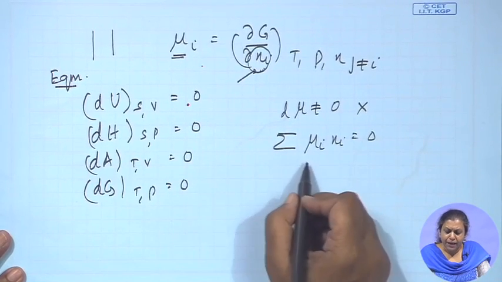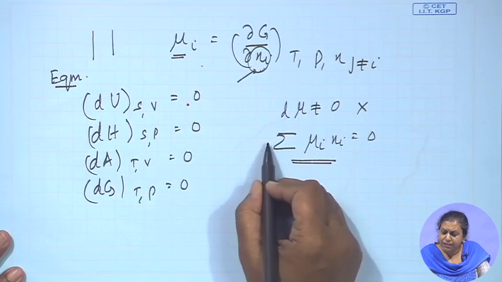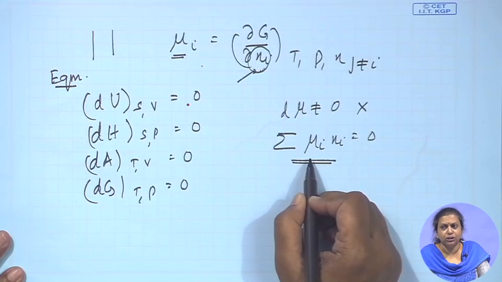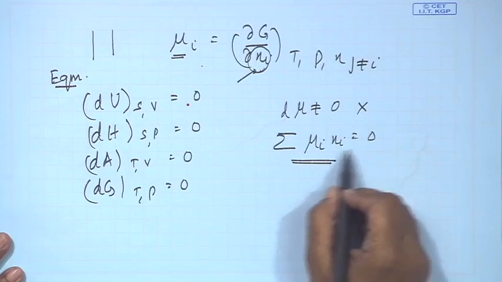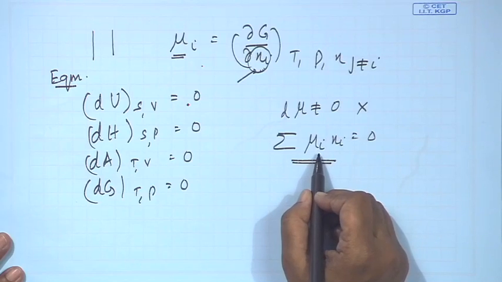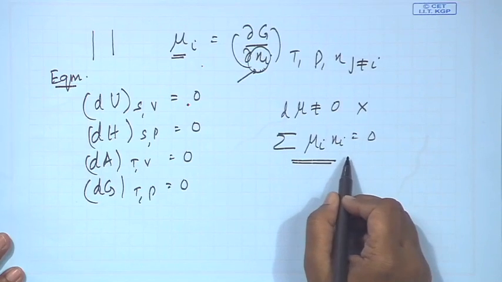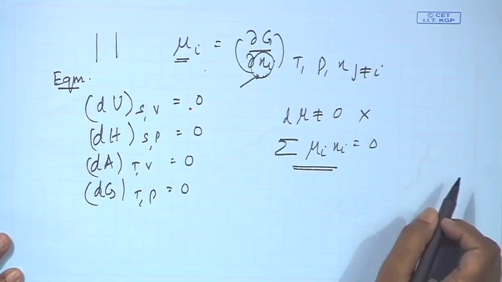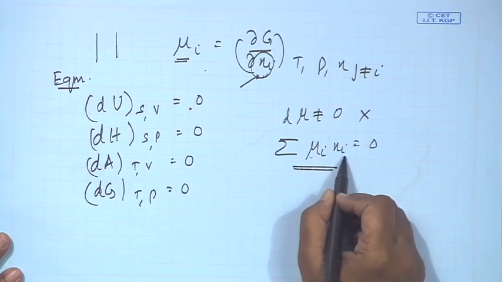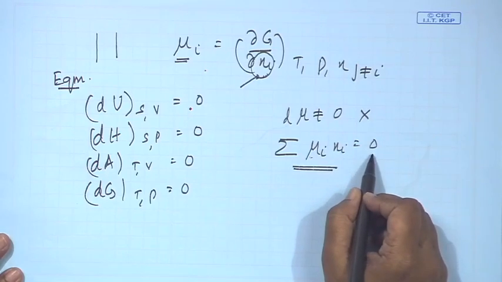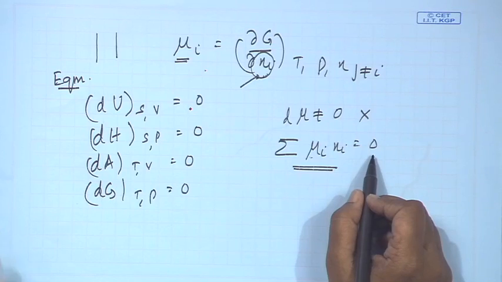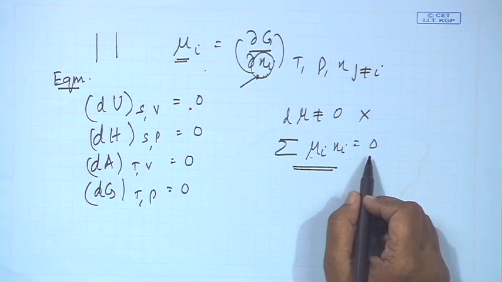So, if you observe that the summation of chemical potential for any particular reaction or for any particular process equals 0, then it appears that it would have been better if it had been called by the name of a force, because this particular characteristic corresponds to a force quantity.